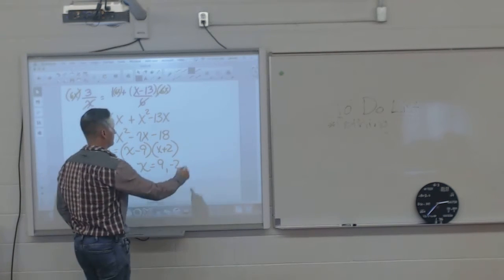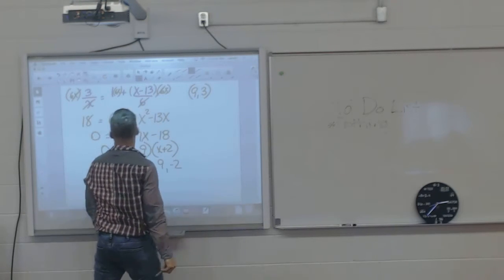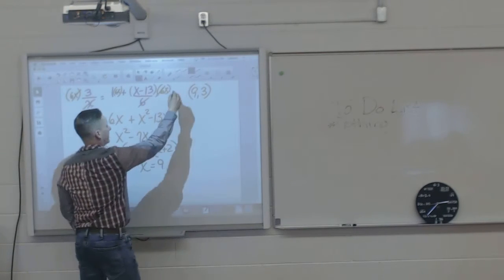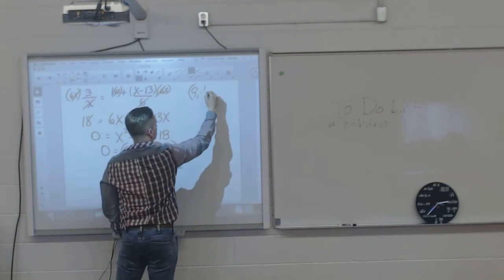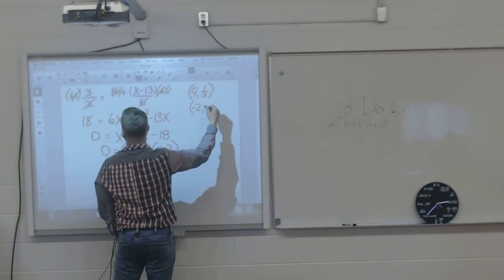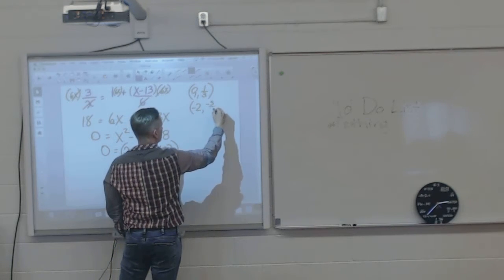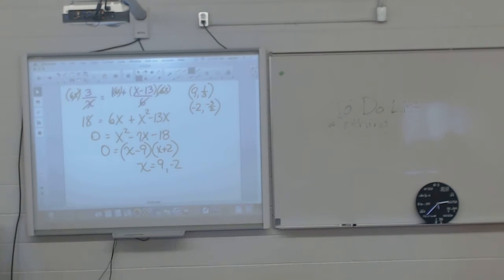So my first coordinate will be 9 and 3. Sorry, that's not right. 9 and 1/3. My second coordinate is negative 2 and negative 3 over 2. Those would be your two coordinates. And you can use either side to get that.